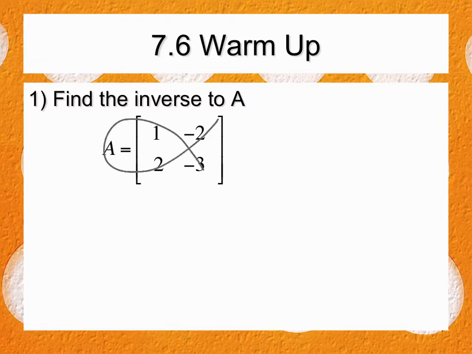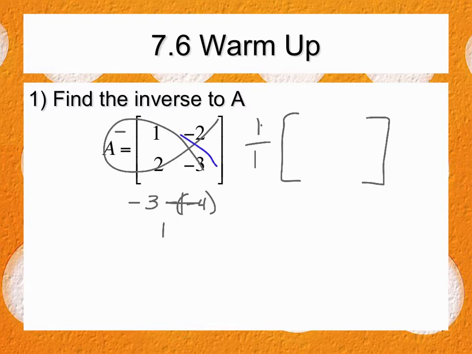You've got to find the determinant, which we're going to talk about a little bit today, of the initial matrix, which is -3 times 1, minus 2 times -2, which is -4, and I get -3 plus 4, which is a +1. And then I would put 1 over whatever that is, so 1 over 1 in this case, times the matrix, where I am switching the positions of A and D, so -3 goes here and 1 goes here.